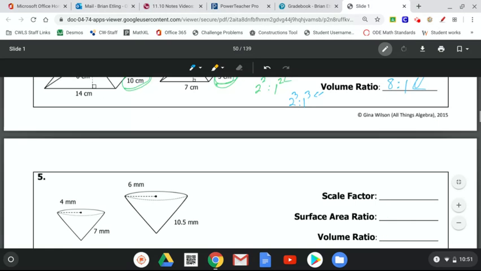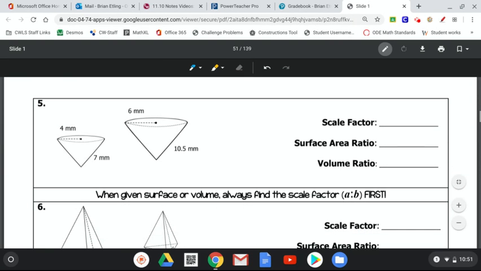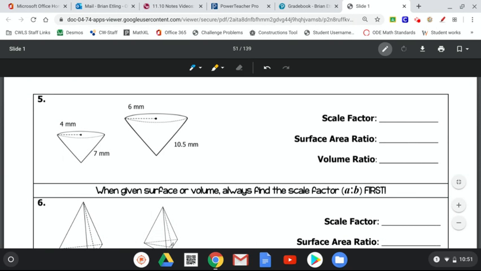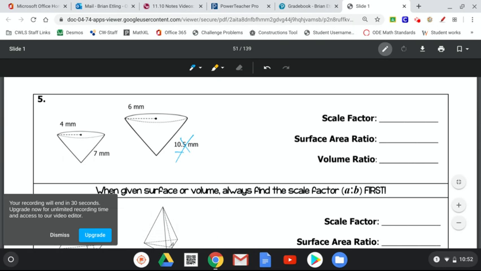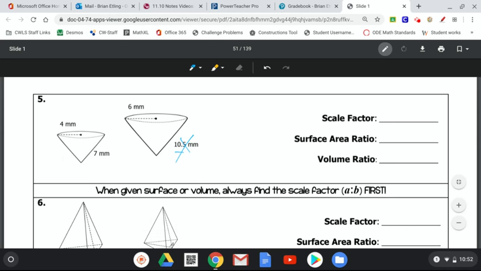All right. So moving on to number 5 here. Again, we have to find the corresponding sides. We know they're similar. And guys, for this, if I see 10.5, I'm going to avoid that one because decimals, I don't like them. So I'm going to use the 4 and the 6, which is the radii of those cones.